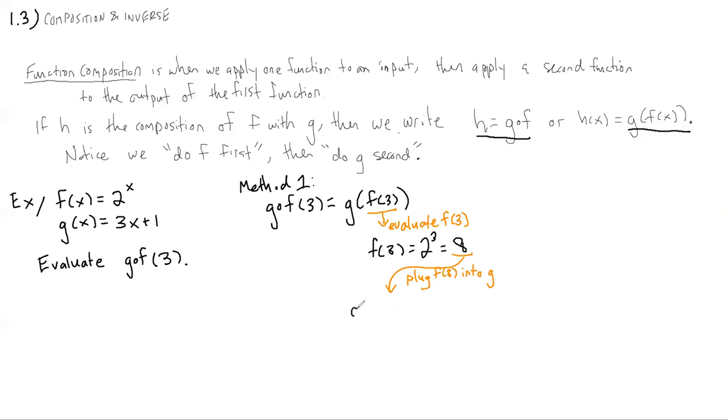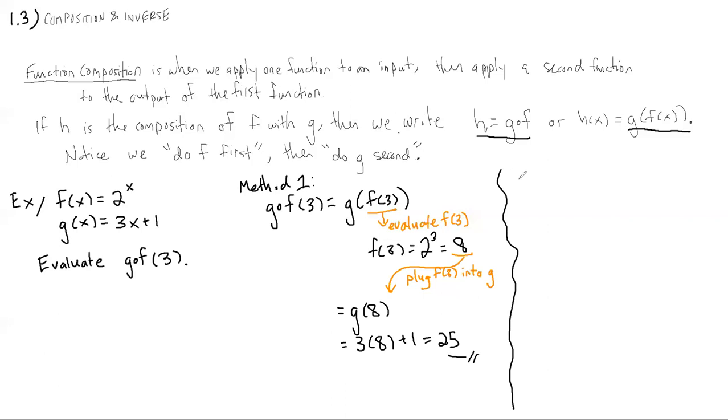And so what we're going to get is g of 8. And then we follow the rule for g, so that's 3x plus 1, so that's 3 times 8 plus 1, that's 24 plus 1 is 25. So that's one method that we could use to do it. We get that answer 25.